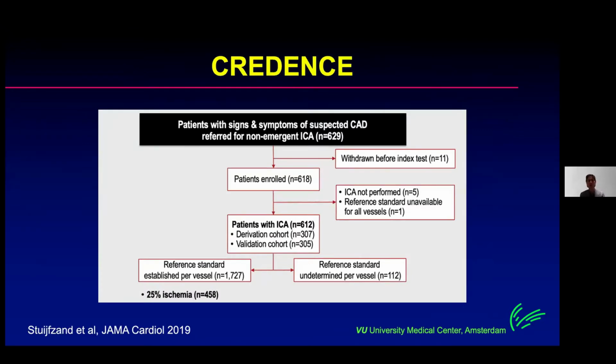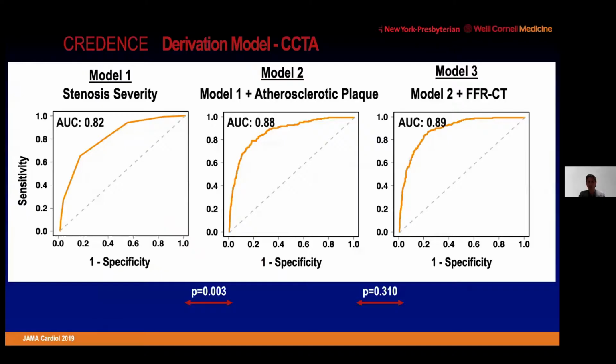This was one of the incentives for Jim Min and colleagues to run the CREDENCE trial. 618 patients with intermediate likelihood of coronary disease who went through several types of testing. But with CT, it was very important to realize that if you take a look at model 1, which is just stenosis severity, and model 1 plus atherosclerotic plaque, or model 2, which added FFRCT, they all had incremental value.